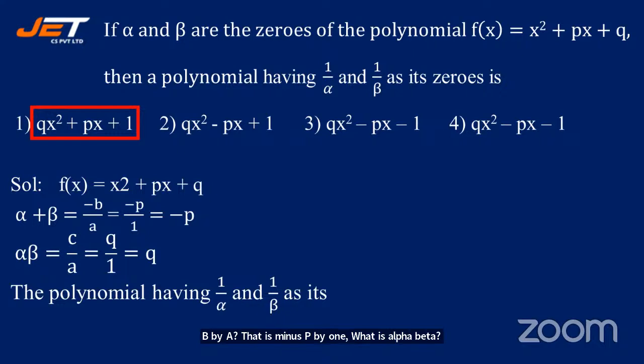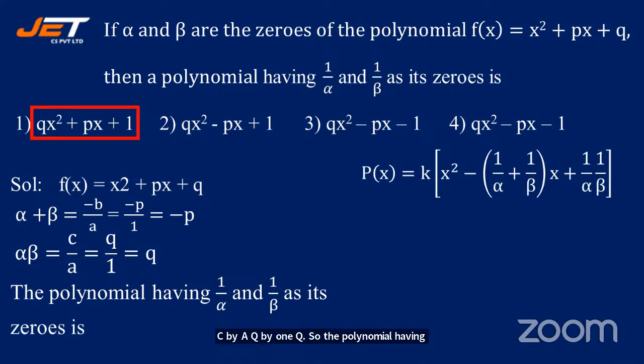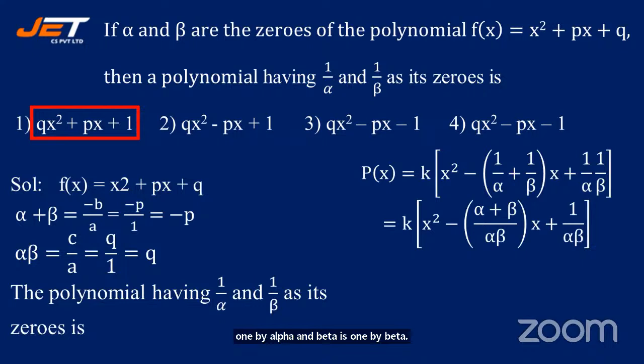The polynomial having 1 by alpha and 1 by beta as its zeros is, just take p of x is equal to k into x square minus of alpha plus beta, isn't it? But here we have taken alpha as 1 by alpha and beta as 1 by beta, into x plus alpha beta, which is 1 by alpha into 1 by beta.